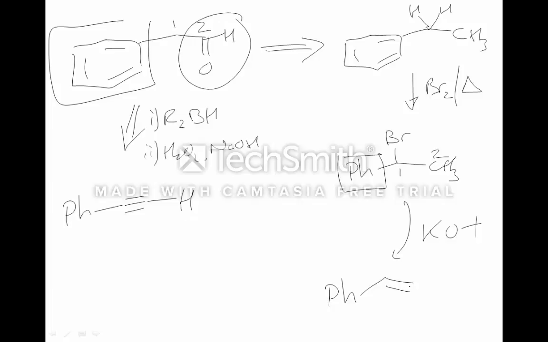So how can we get from an alkene to an aldehyde? Or, I'm sorry, an alkene to an alkyne? That's the question. So we're going to need 2 steps to do it. We keep working backwards and we say, I know how to make alkynes. We make them by a double elimination of a vicinal dibromide.